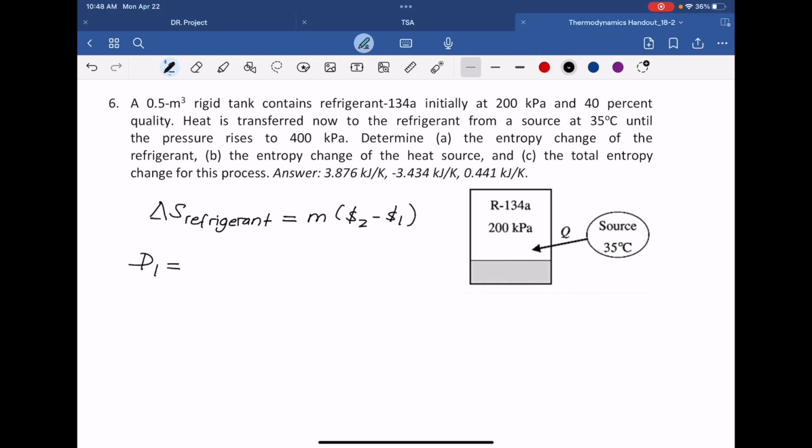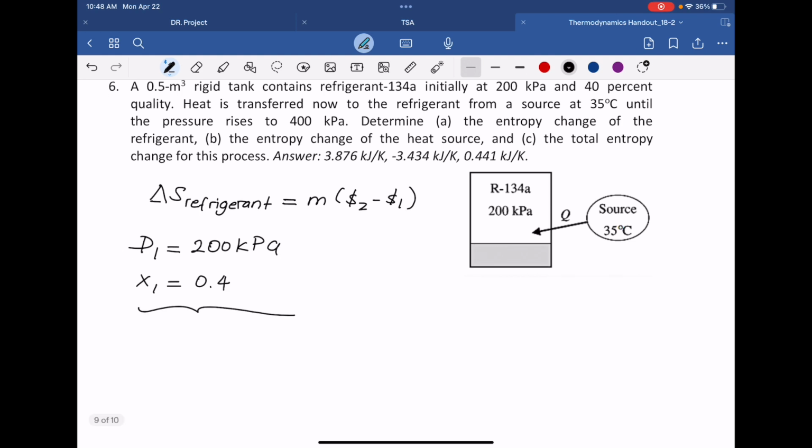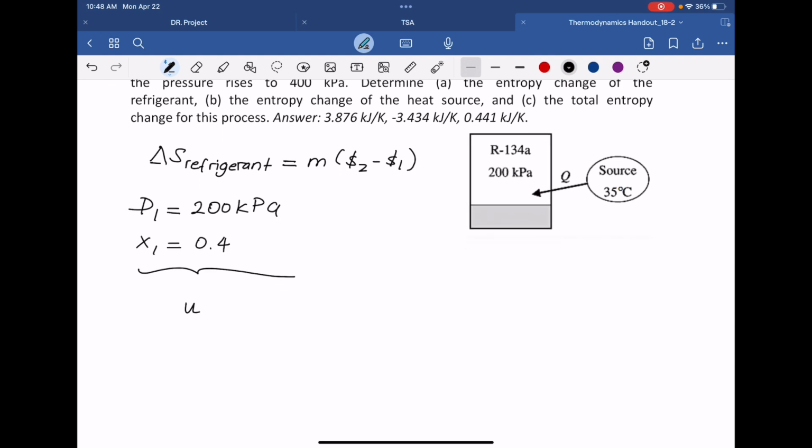Pressure is given to us as 200 kilopascal and the quality is given to us as 0.4. Together, this will help us to calculate the rest of the properties. I'm not gonna solve and write all of it. I'm just gonna write down the formula and you guys can look at the tables to figure these out, because at that pressure you can read UF and UFG for refrigerant, and the answer should be this.